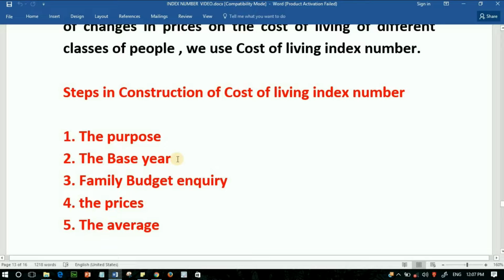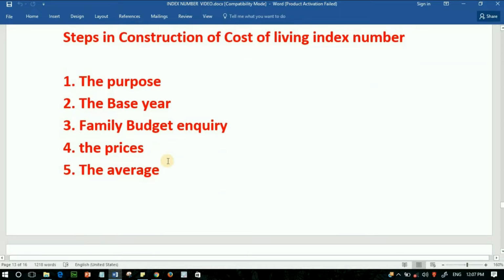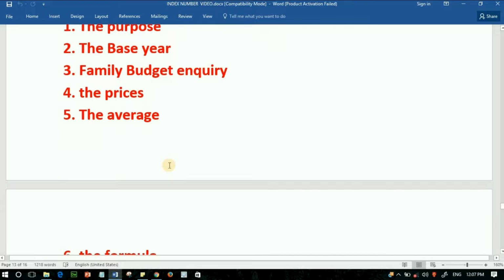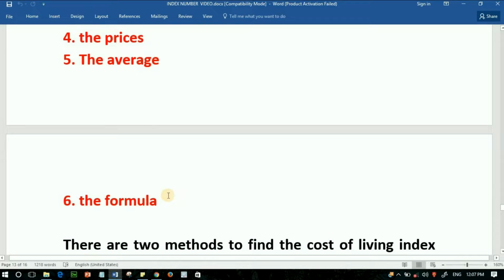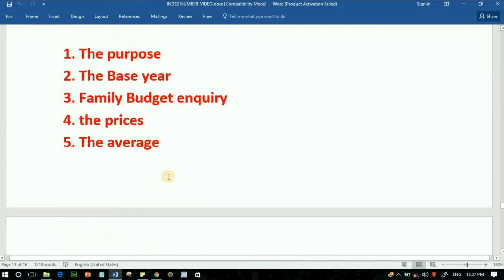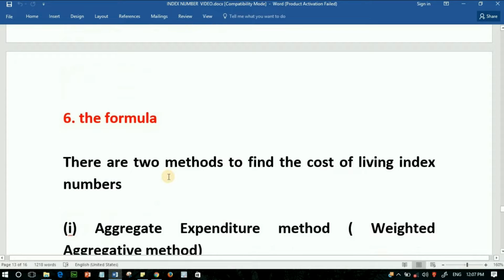Only one condition is that the base year should be free of earthquakes, famines, floods, etc. That is, we have to take the base year as a normal year. Then family budget inquiry, and we have to collect the prices, select which average we are using, and which formula. These are the steps in construction of index numbers.